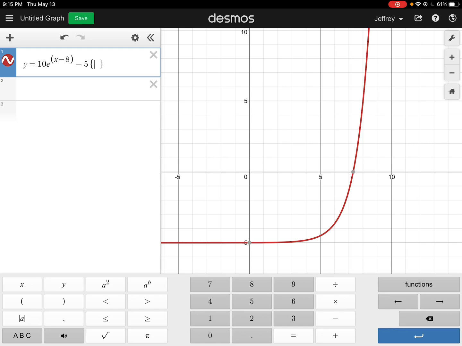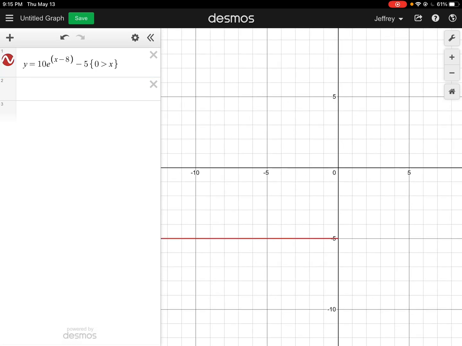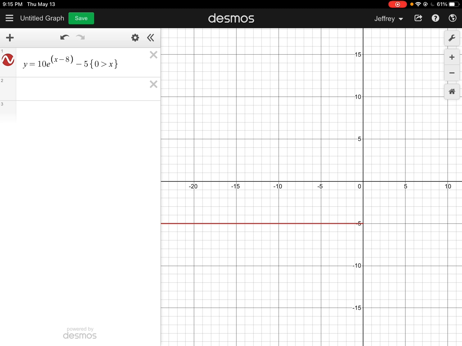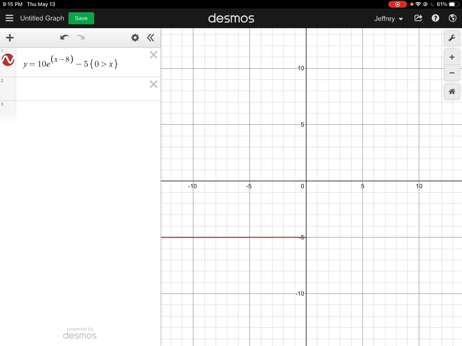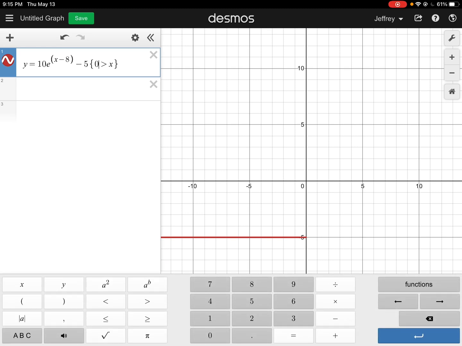So 0, there we go. So 0 has to be less than x, or not less than 0, x has to be greater than 0 if I want to keep it to the right. If I want it to the left side, then I could do greater than, and that would keep it to the other side. But the thing is, my function just is a straight line because it's an exponential, so that won't work for me. If something like a parabola, that would work, but not for this one. Okay.